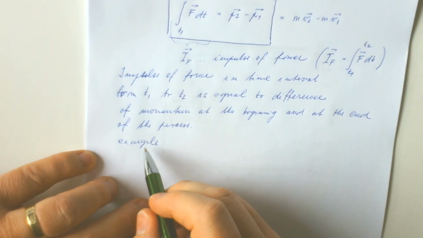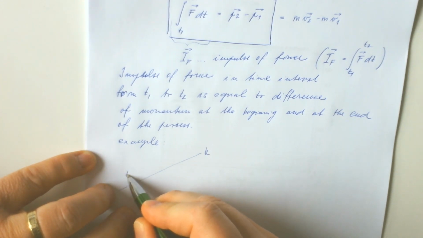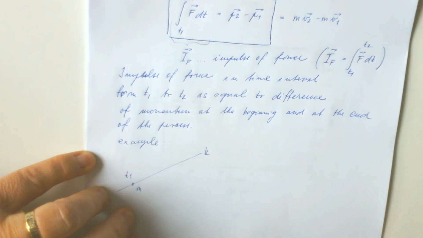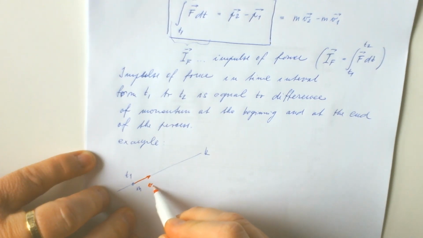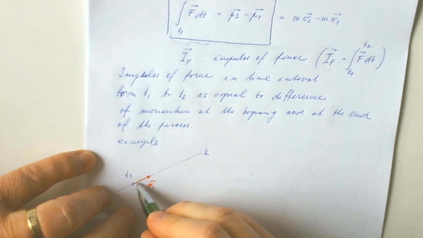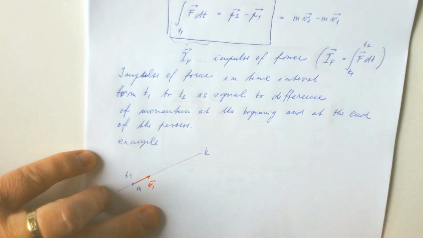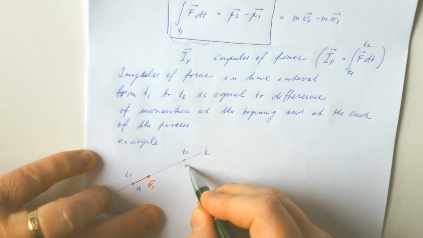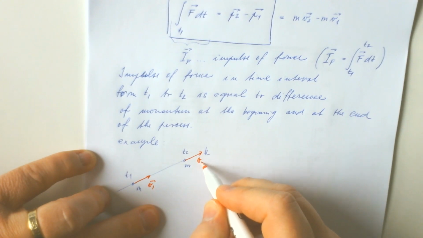So let's make a short example. If we have a trajectory and a particle at time 1 with constant mass m and velocity v1 at the beginning of the process, and during the process some force F acts on the particle, and the process finishes at time 2 and the particle has velocity v2.